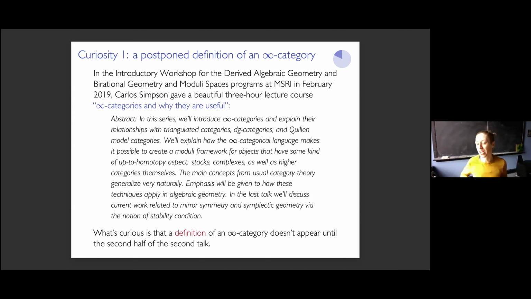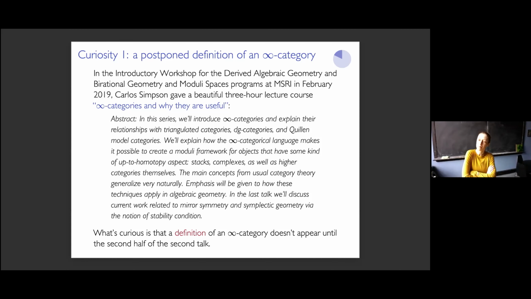The introductory workshop is where experts are meant to give expository talks, essentially introducing fundamental tools in their field. And Carlos Simpson, a pioneer of higher category theory, gave this beautiful 3-hour lecture course, Infinity Categories, Why They're Useful. If you're curious why they are useful, you could read the abstract, which I've reprinted here, which mentions some of the applications.